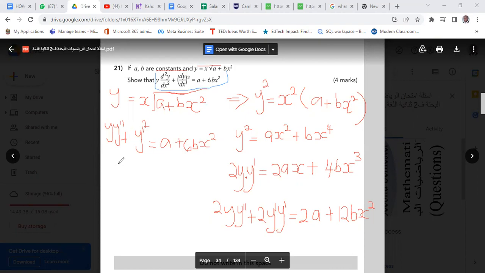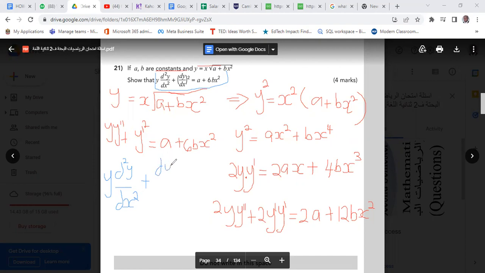Fantastic. So let me write it the way they wrote it there so that I can conclude with it. Y prime prime is the same thing as the x squared, d squared y by dx squared. Plus, y prime squared is the same thing as dy by dx all squared.